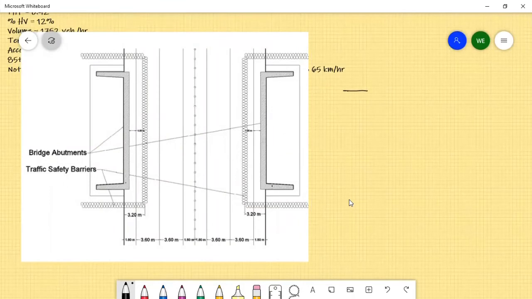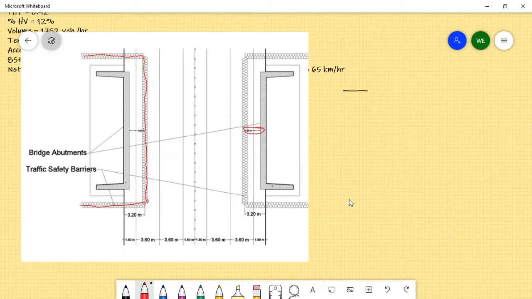And this area marks the construction zone, the boundaries for construction. Clear? And this, I think it's 1 meter. And this will be 3.2 meters. So that means after construction, the shoulder available will be only 1 meter.